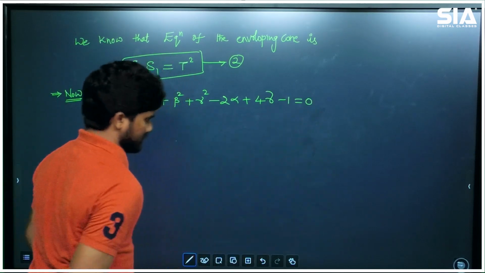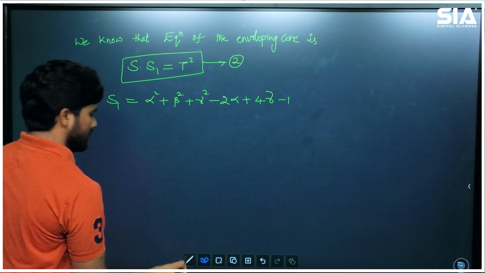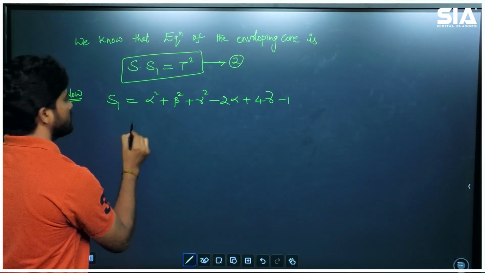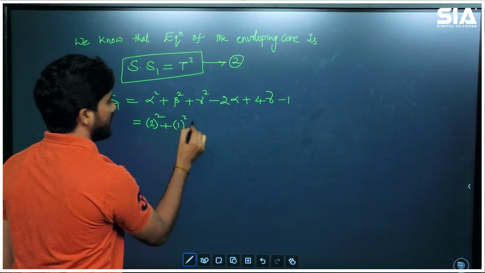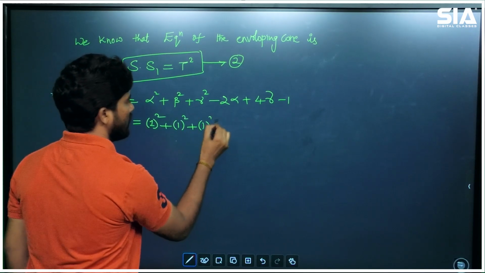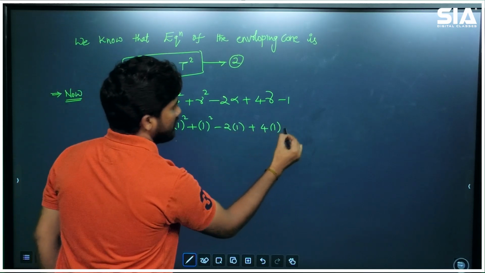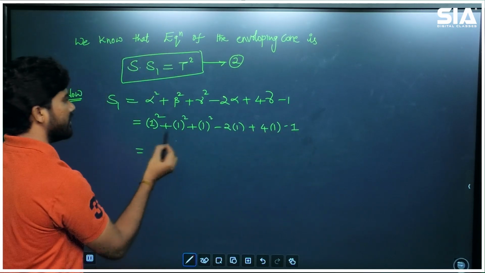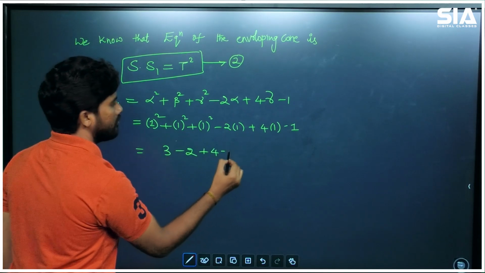Now substitute the values: 1 square plus 1 square plus 1 square, minus 2 into 1 plus 4 into 1 minus 1. That is 3 minus 2 plus 4 minus 1.